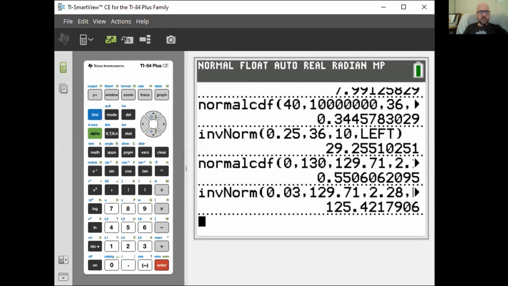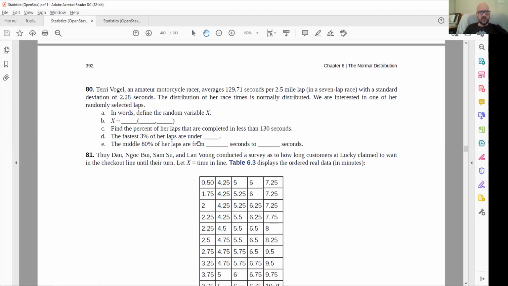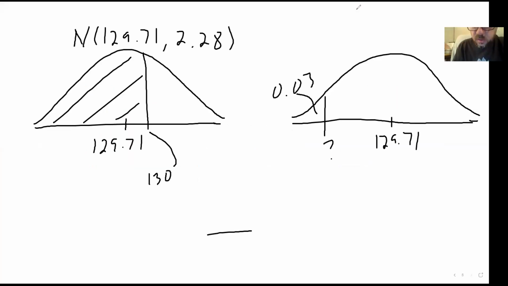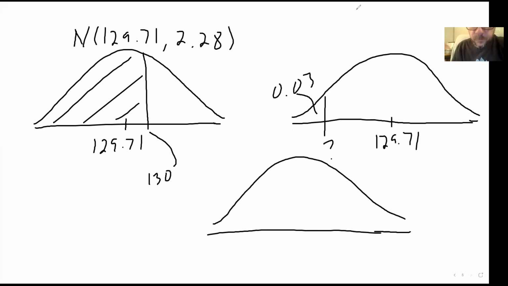Last question: the middle 80% of her laps are between this and this many seconds. So the middle 80%, let's draw another picture because I think it would be helpful here. It looks like this, right? So this is 80% in there. And the question is, what are these boundaries here?